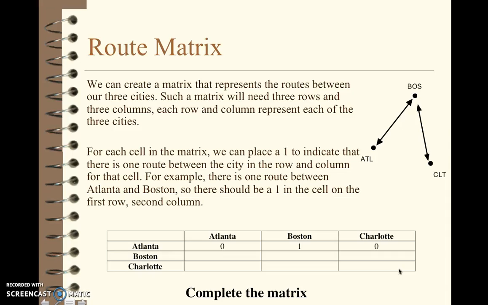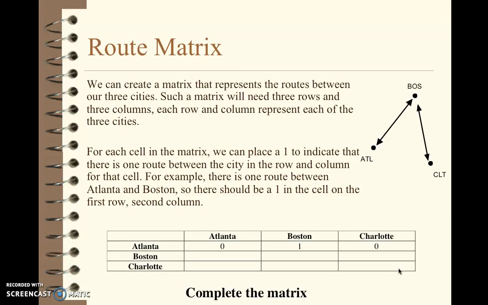Now, we're going to create a matrix that represents the routes between these cities. Okay, so we need 3 rows and 3 columns, because each row and each column represents each of the 3 cities. So for each cell in the matrix, we'll place a 1 to indicate that there is 1 route between the city in the row and column for that cell.